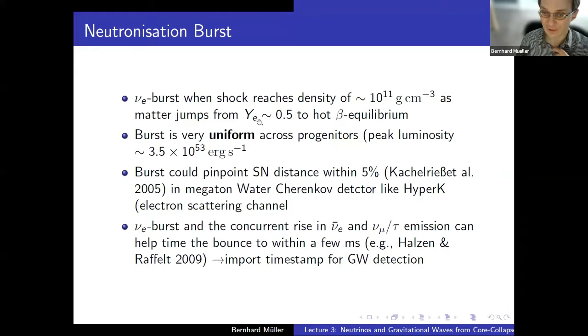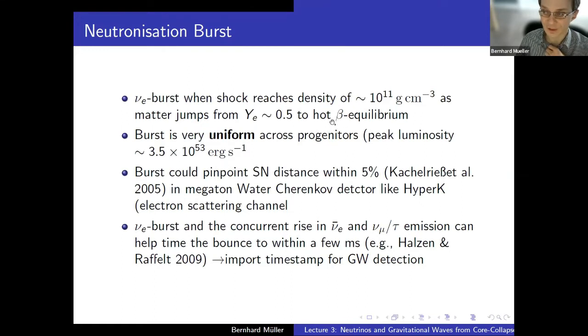an electron fraction of 0.5, same number of neutrons and protons, and the beta equilibrium state, energetically more favorable state, is much lower Ye. So the emission of electron neutrinos will immediately bring down the Ye to hot beta equilibrium.